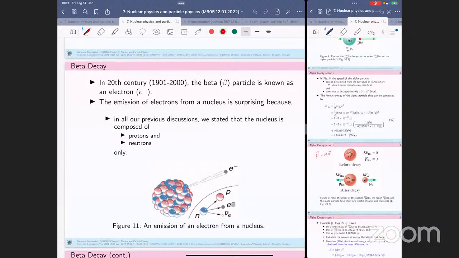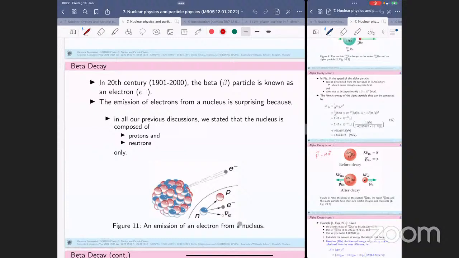So the emission of an electron from the nucleus could start from this. And once you get the electron moving out of the nucleus, or even out of that atom, the electron may have high energy, because once the neutron converts in this process, it also releases energy, and then the energy will be distributed to these two particles.